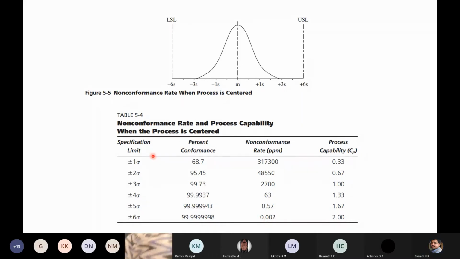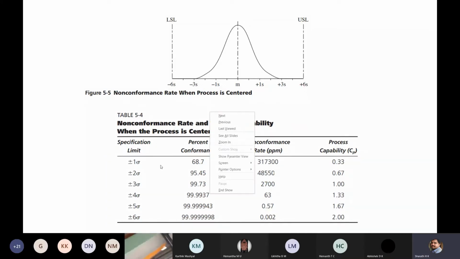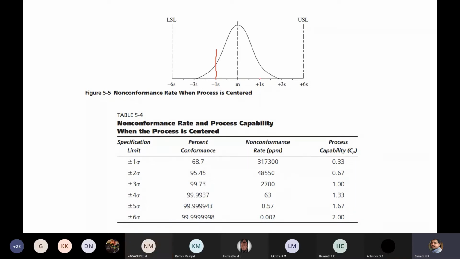Similarly, instead of plus or minus 6 sigma, if you consider plus or minus 1 sigma, these are the limits. This is the lower specification limit, and this is the upper specification limit for plus or minus 1 sigma.